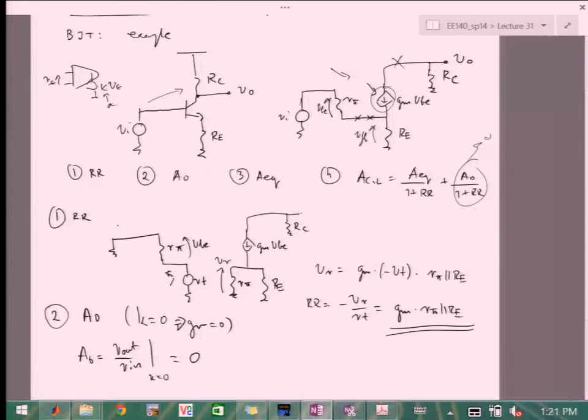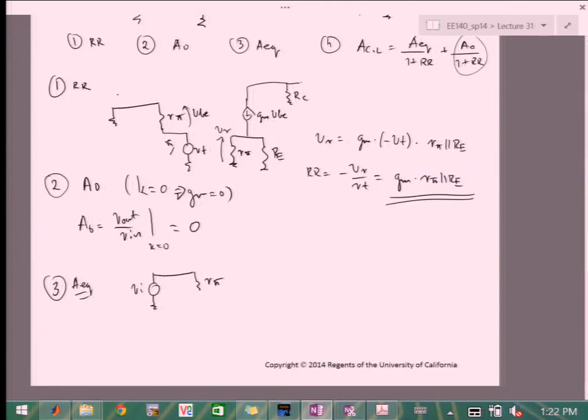But then if we take a look at this situation here, if the output signal is 0, that means there is no current here. And looking from this side over here, that's like open. Okay? That means that what I'm seeing from the input is R pi in series with RE. Okay. So the fact that this piece is floating here is because VO is 0.